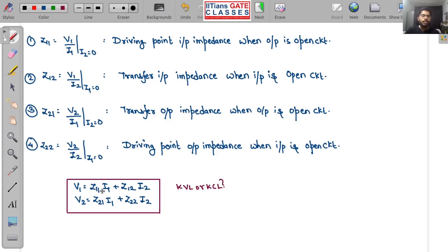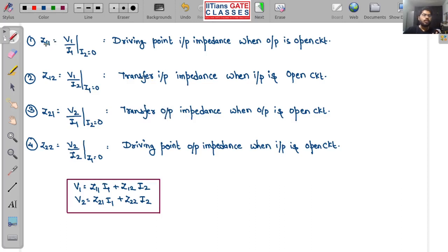These are obviously my KVL equations, because they are in terms of voltage. V1 equals some impedance into I1 plus some impedance into I2. So also remember this: my Z parameters are based on KVL equations.